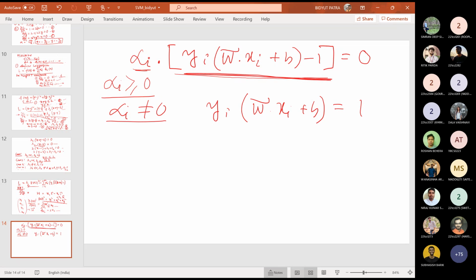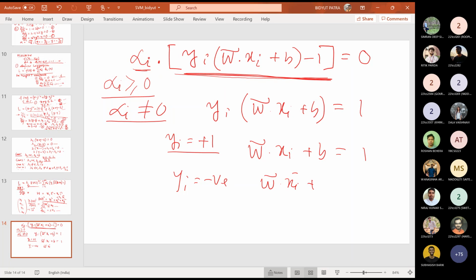For a positive sample, yi equals 1, so this will be w into xi plus b equal to 1. And for a negative sample, w into xi plus b is equal to minus 1. So what does this indicate?